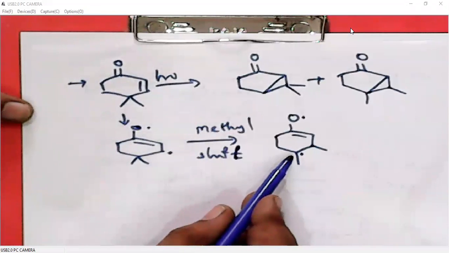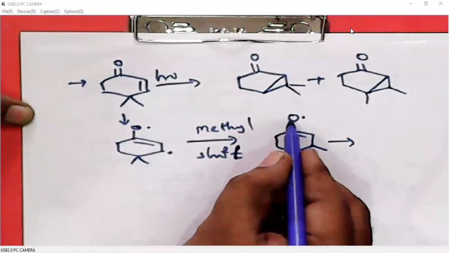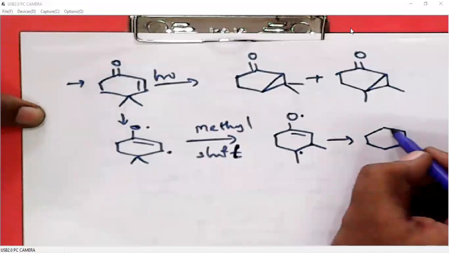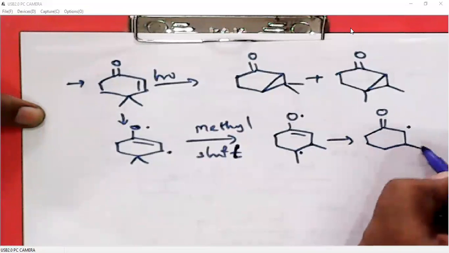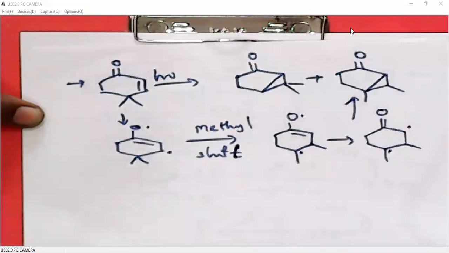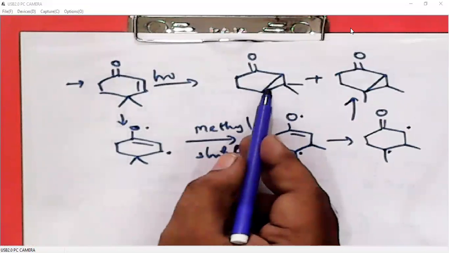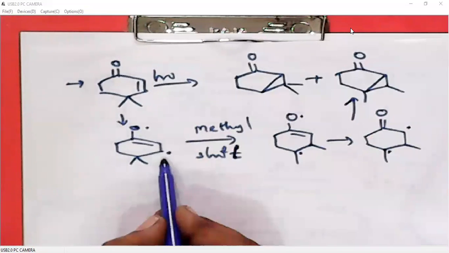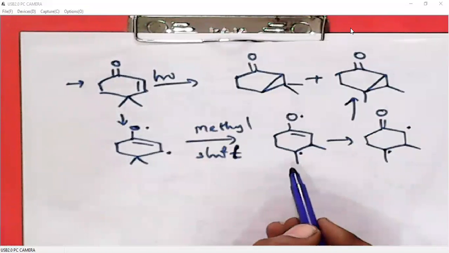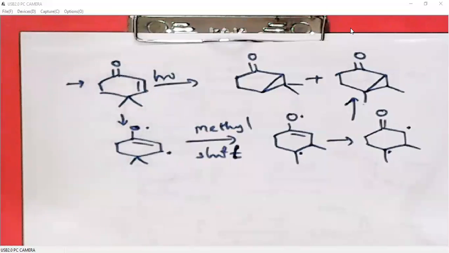In this case also it is a stable radical, right? Then what happens? This bond will break down, so carbonyl will be regenerating. We have a radical here, we have a radical here. When these two combine, we will get this product, right? So this product is in line with the previous mechanism, but here if the methyl group migrates, this is the possibility. Okay, in the previous case also we can write Ph here, Ph here, so two products possible.